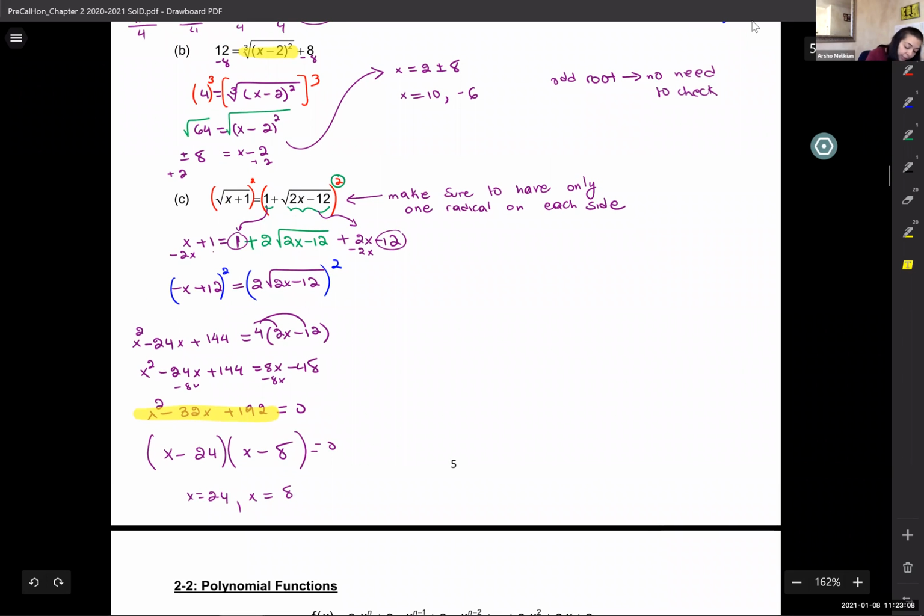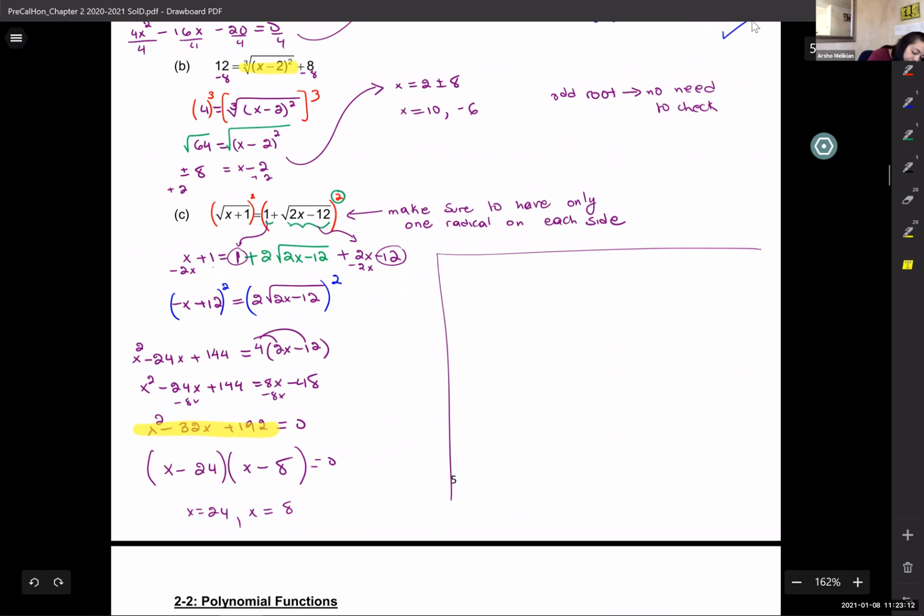Do we have to check answers for this problem? We do. All right, so let's check x equals 24 first. I'm going to plug it into that first step, right? So I get root 24 plus 1 is 25, right?